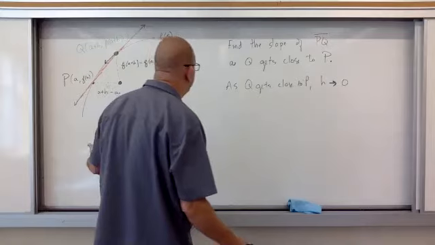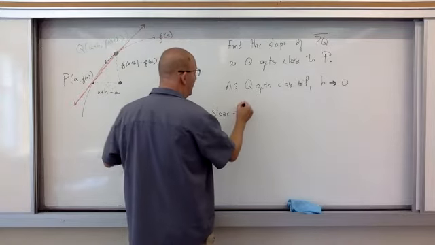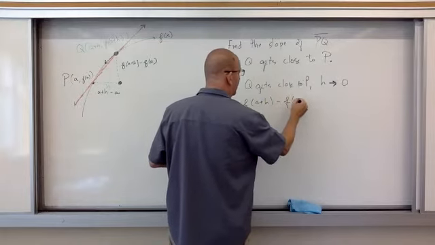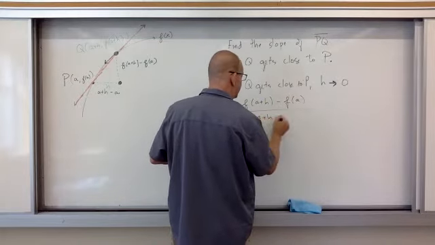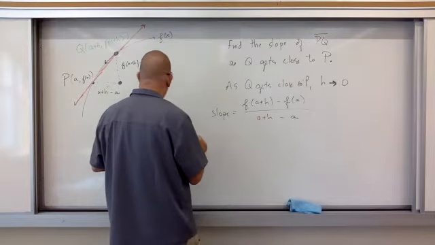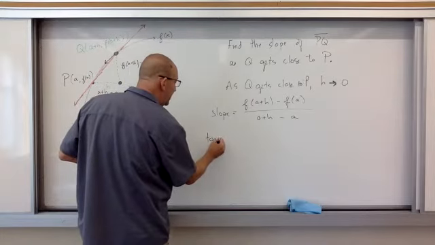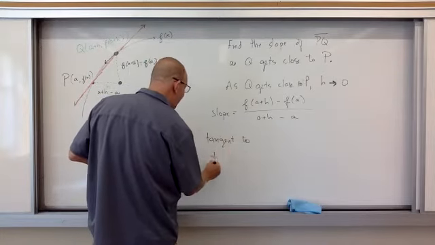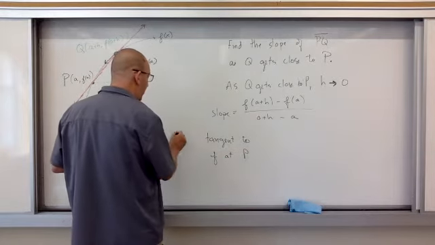Let's go. So then we say that the slope, well, middle school, y2 minus y1 over x2 minus x1. But then as Q gets close to P, I get the tangent to f at P. Whoa.